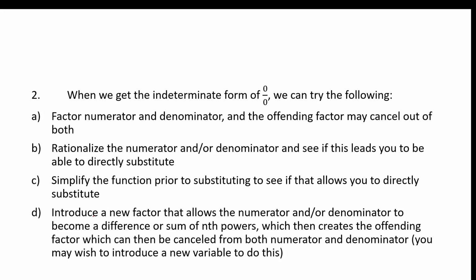So when you get an indeterminate form of 0 over 0, you can try the following. Factor numerator and denominator, and the offending factor might cancel out of both. So for instance, in the example I just showed, we had x plus 2 times x plus 1 over x plus 2, and the limit was being requested as x approached negative 2. Well, we could have just factored, as I've done here, crossed these out, and said, you know what?